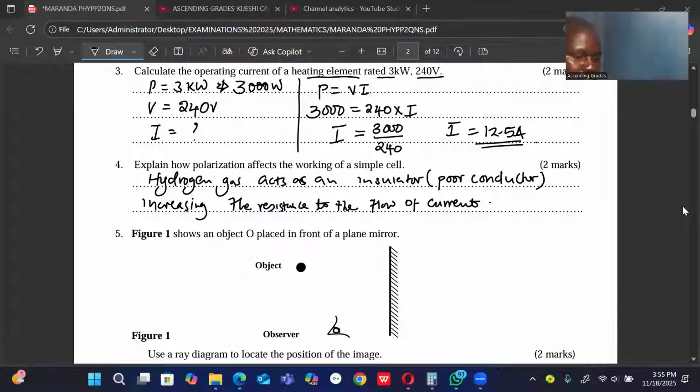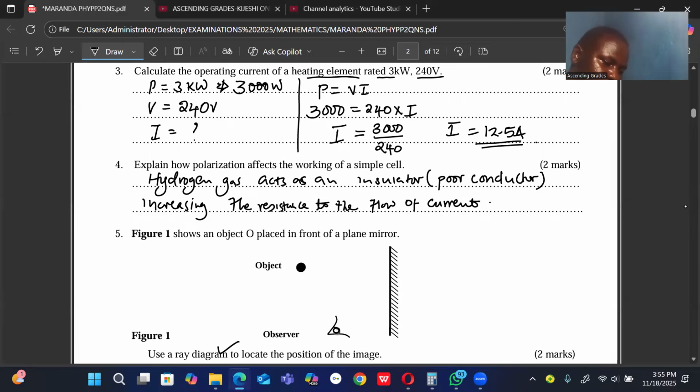The figure shows an object O placed in front of a plane mirror. Then we are told to use a ray diagram to locate the position of the image.